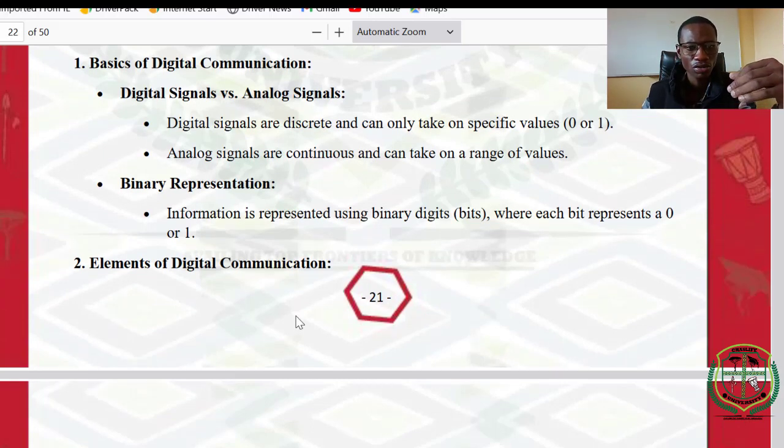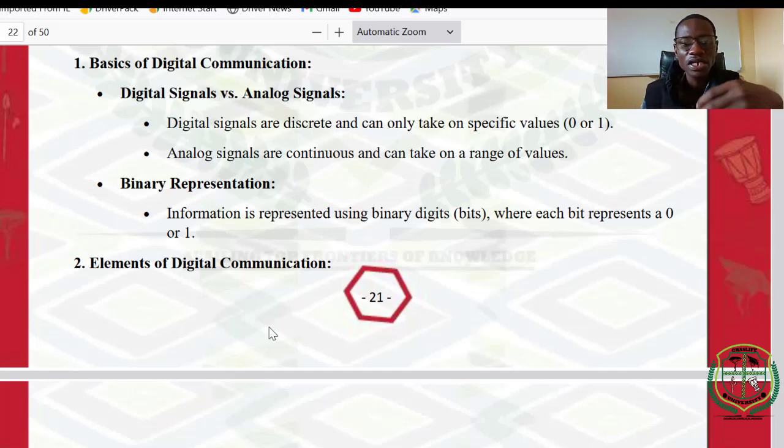Under the basics of digital communication, we are looking at binary representation. Remember, we talked about binary as 0s and 1s. How does it work? Binary representation is when information is represented using binary digits. Binary digits are also called bits. I'm sure you've heard of this word before, bits.